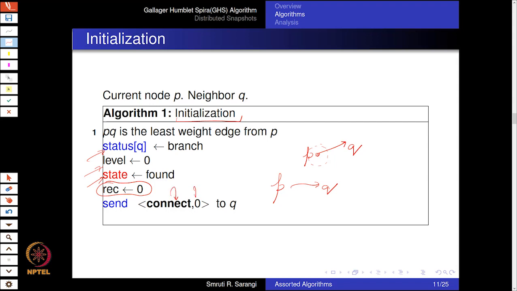We'll see in a second what the 0 stands for. But essentially, as far as I am concerned, if Q is my least weight edge, I request Q to kindly connect with me, and I do that by sending a connect message. You can clearly see that in this case, PQ will be a branch of the MST. There is no reason why it should not be.